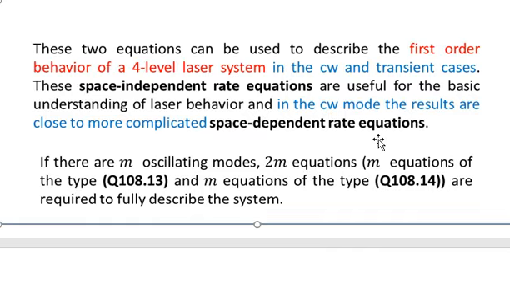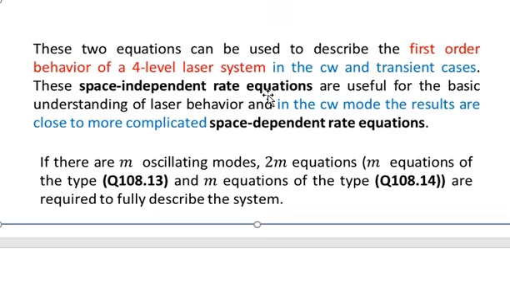So you see that we are not writing the space-dependent rate equations, but if we could write those equations, we shall see that the above equations for the case of continuous mode are much similar to the more complicated derivations of the space-dependent rate equations.